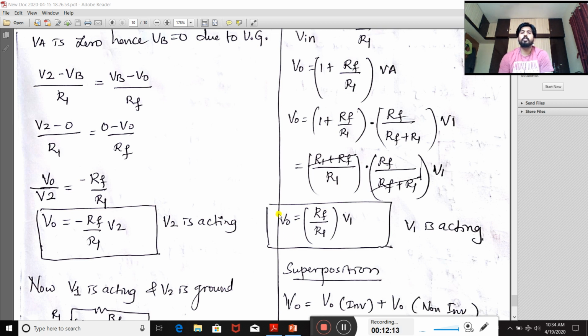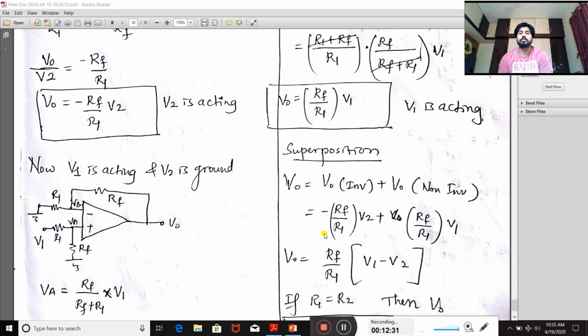This is the output voltage expression when V1 is acting, and this is the voltage equation when V2 is acting. Now as per superposition, to get the resultant voltage, what we need to do? We have to add this expression as well as this expression. So V naught is equal to V naught at inverting plus V naught at non-inverting.